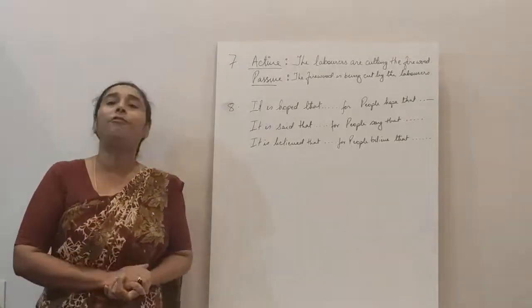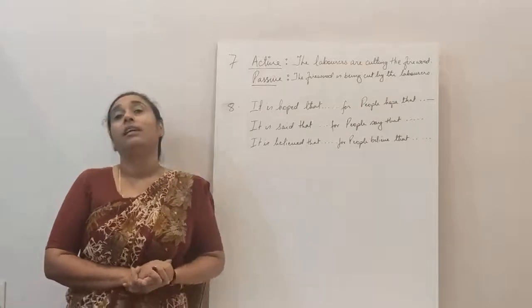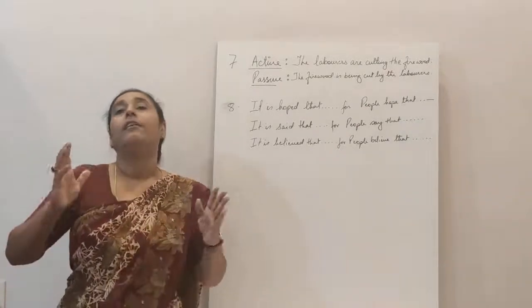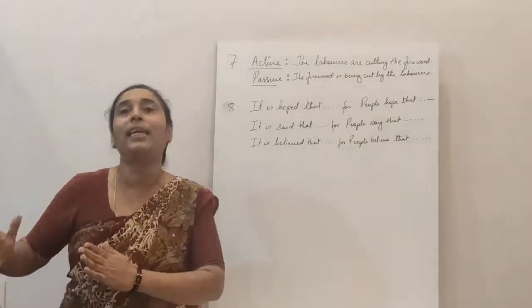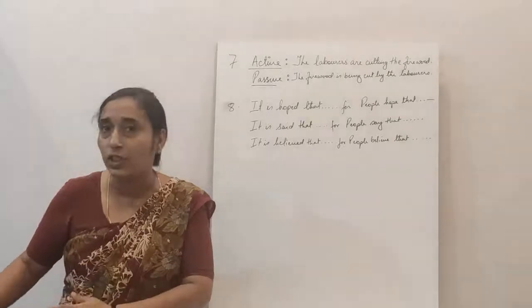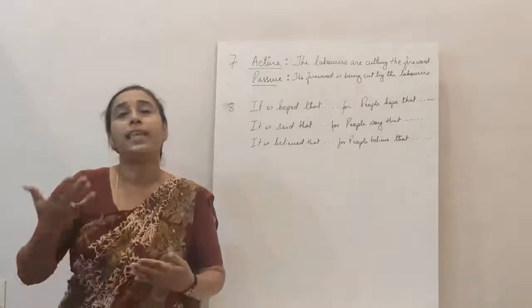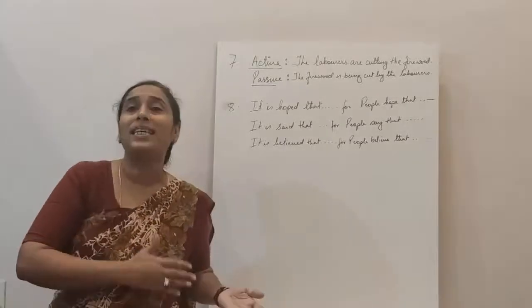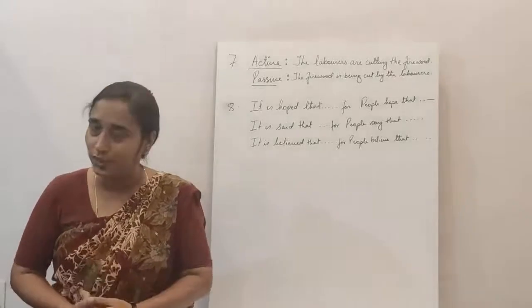Now, I'll give you a set of examples. Example, in an active voice, we say, they had to borrow a bicycle from a cottage. If the same sentence has to be said in a passive voice, we say, a bicycle had to be borrowed from a cottage.